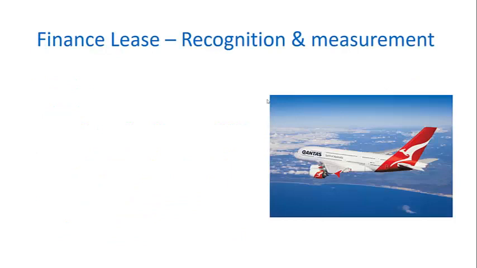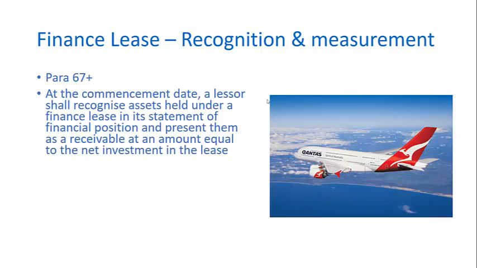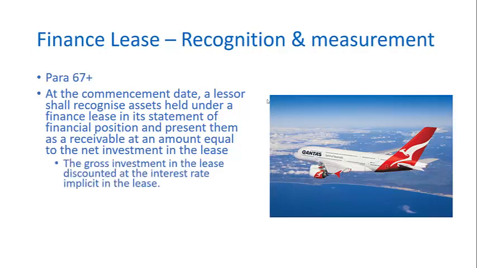In relation to finance leases, the issues are pretty straightforward and there's never been much doubt here. If you think about it from a lessor perspective, the lessor does not want to own an aircraft, they want to own a finance receivable, and they structure the transaction to ensure that that's the case. Paragraph 67 says that at the commencement date of a lease, a lessor shall recognise assets in its statement of financial position that represent the finance receivable, the lease receivable, at an amount equal to the net investment in the lease.